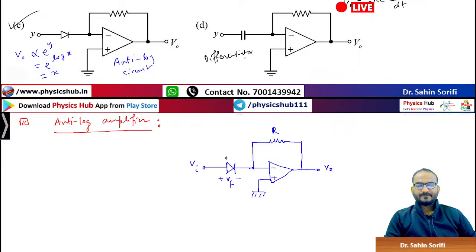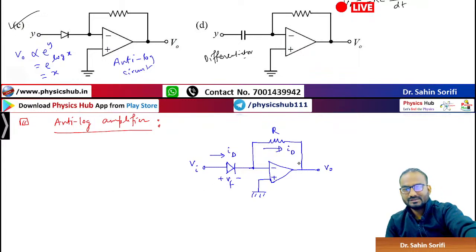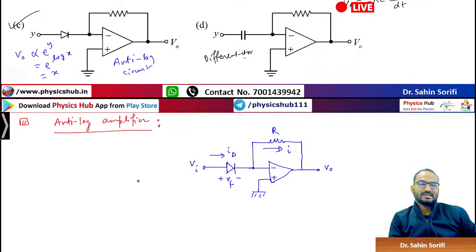Same current. Here, how much is the current flowing? ID, diode current, right? And the same current should be flowing through this also. Let's denote it by I. I and ID are the same. So what is ID, the current through the diode?